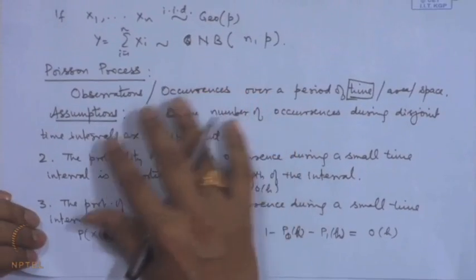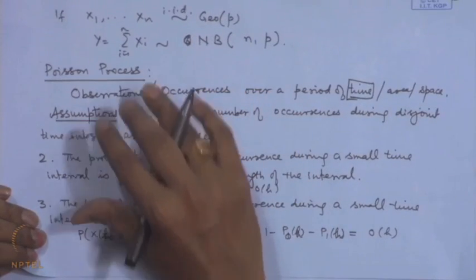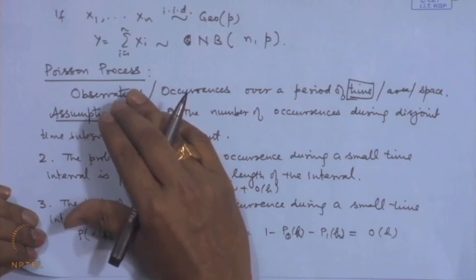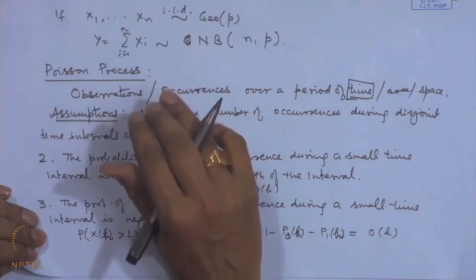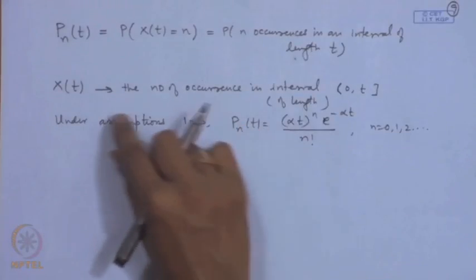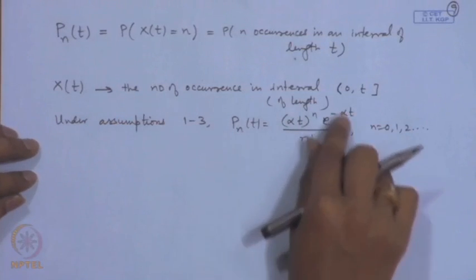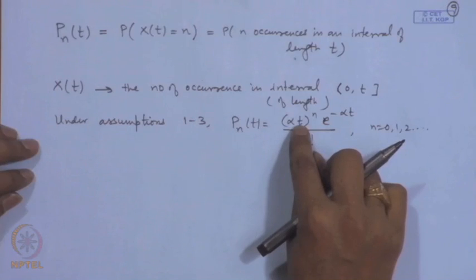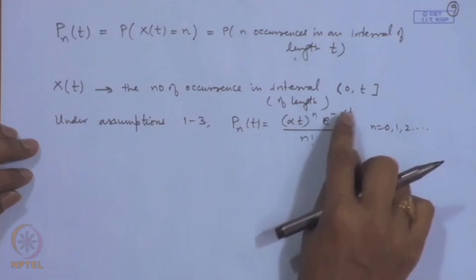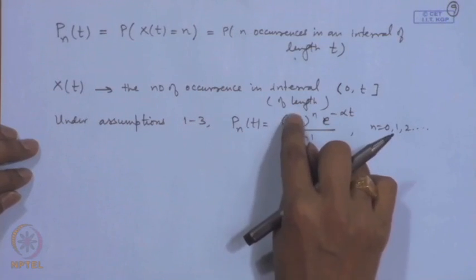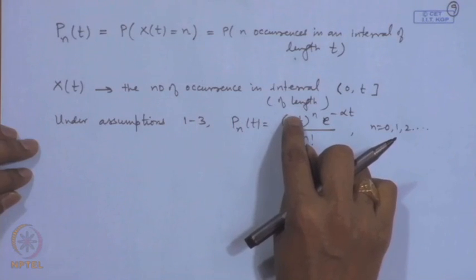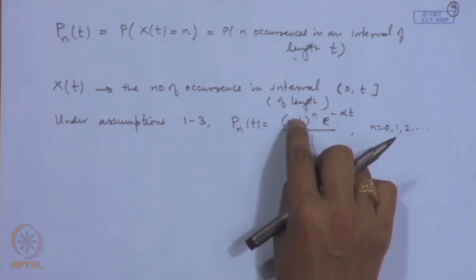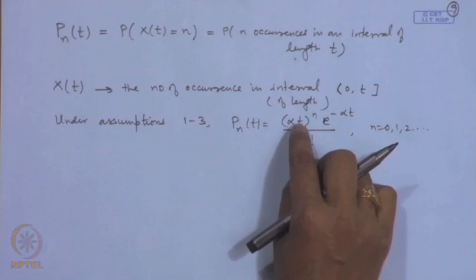The occurrences which satisfy these assumptions are called occurrences in a Poisson process, and the entire phenomenon is called a Poisson process, and we are deriving the distribution of the number of occurrences in a Poisson process as (alpha t) to the power n e to the power minus alpha t by n factorial. What is alpha here? Alpha is the constant of proportionality that we have assumed here. Let me give a proof of this.